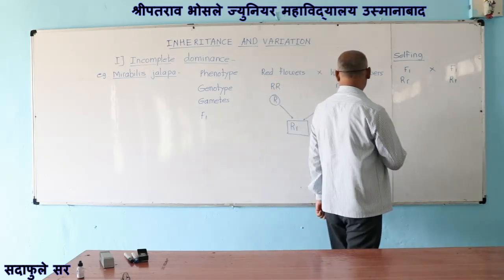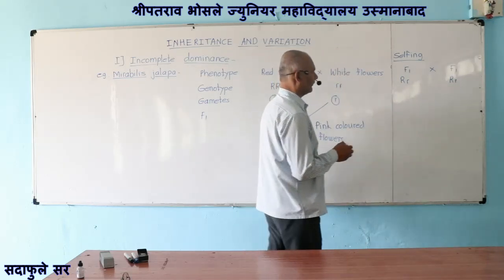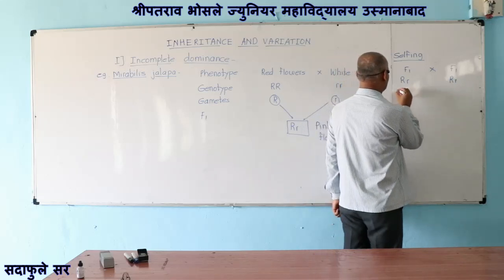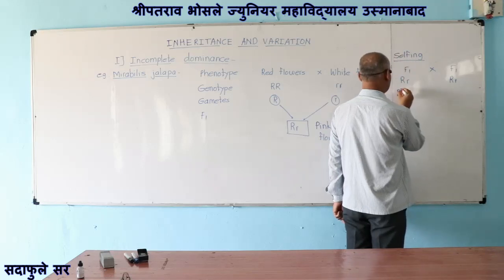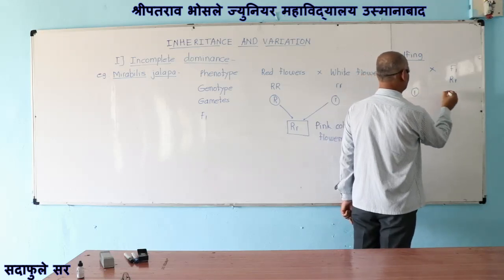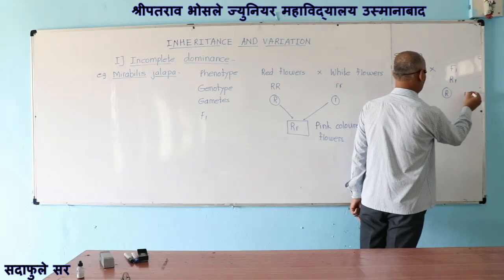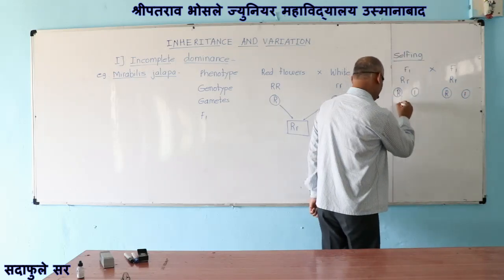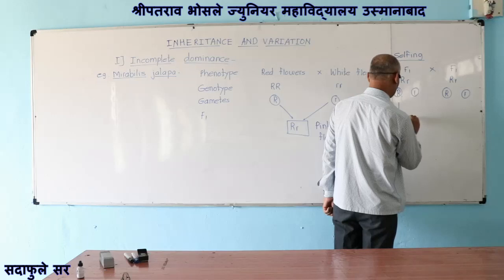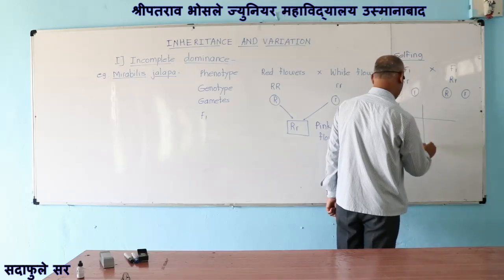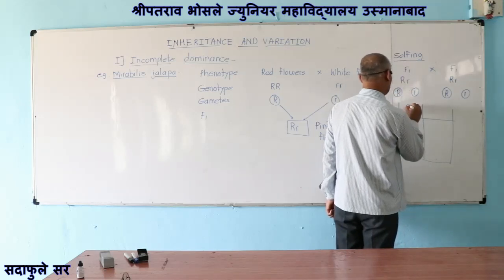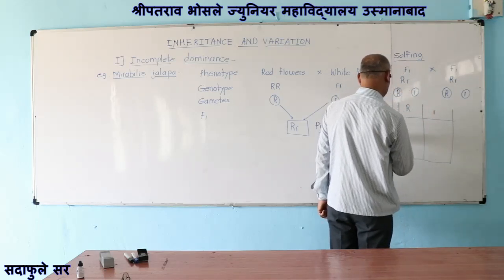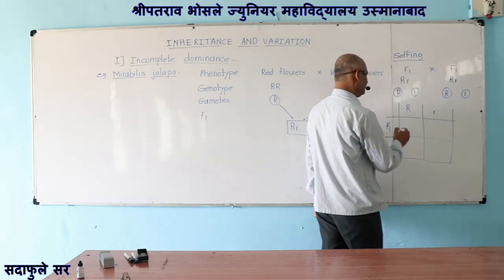Now here the gametes, capital R and small r. Checkerboard: here capital R, small r, capital R, small r.